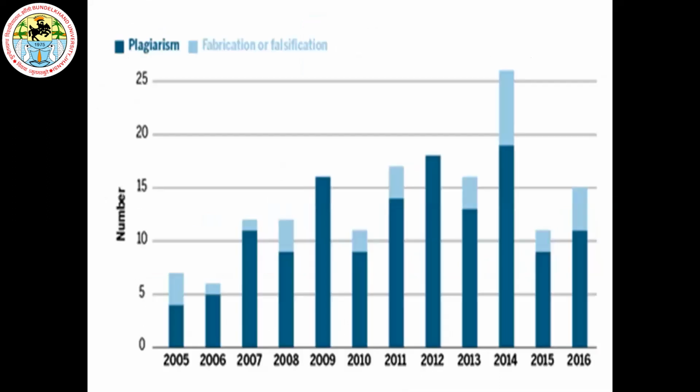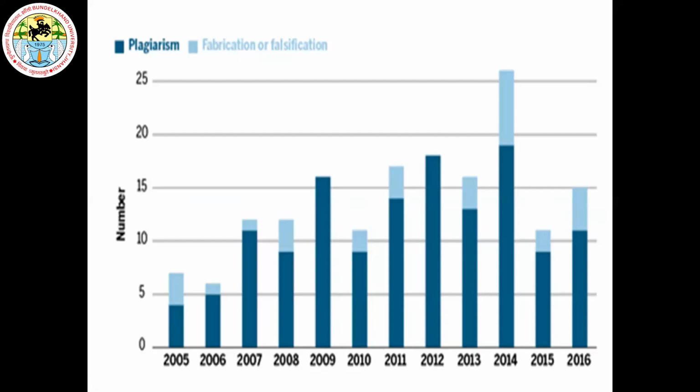Now I have deliberately put this slide to show that this color is for plagiarism and the light color is for fabrication or falsification. Initially from 2005 you see this is increasing. In 2012 plagiarism was at its peak, and up to 2014 plagiarism was very high, but later on it shows a downward trend.